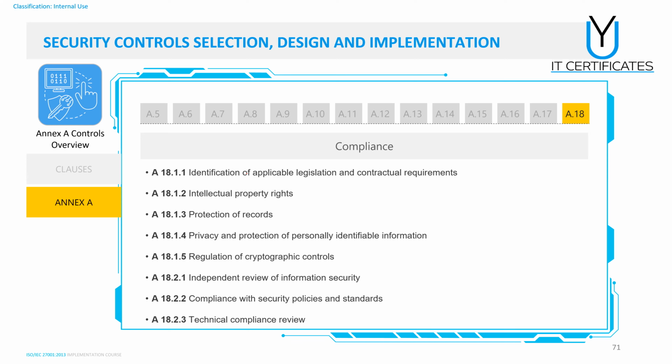Also, you have to internally keep a log of all the contractual agreements and requirements. It can be with your customers, vendors and partners. You have to make sure that you are able to fulfill these contractual requirements.